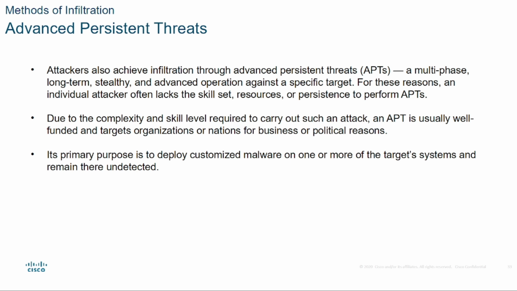Due to the complexity and skill level required, an APT is usually well funded and targets organizations or nations for business or political reasons. Its primary purpose is to deploy customized malware on one or more of the target systems and remain there undetected.